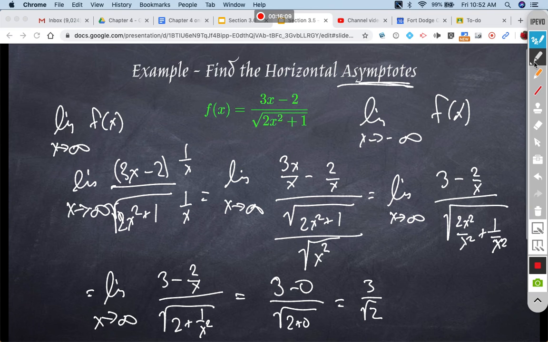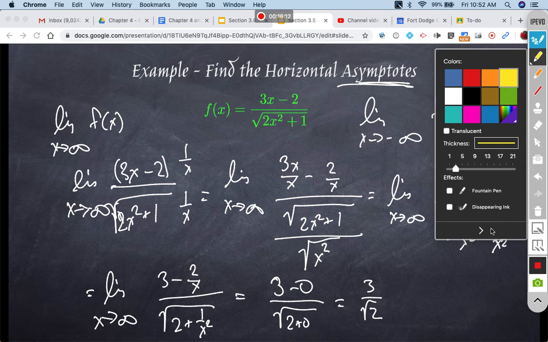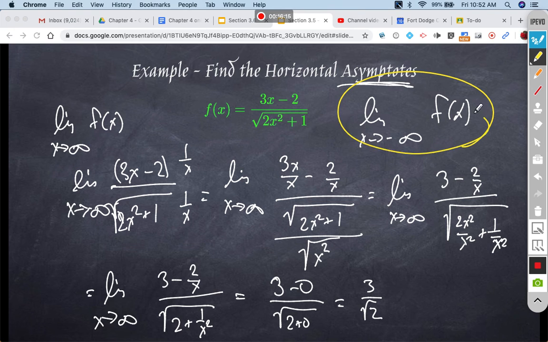Now, what's going to happen when we look at the negative case? If you think about this, the denominator will always be positive. But if x is going to negative infinity, 3 times a negative number minus 2 is going to be negative. So as we go to negative infinity, this is a negative over a positive. So this limit is actually going to equal negative 3 over the square root of 2.